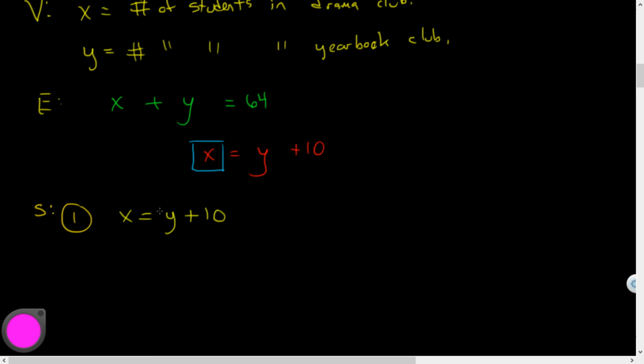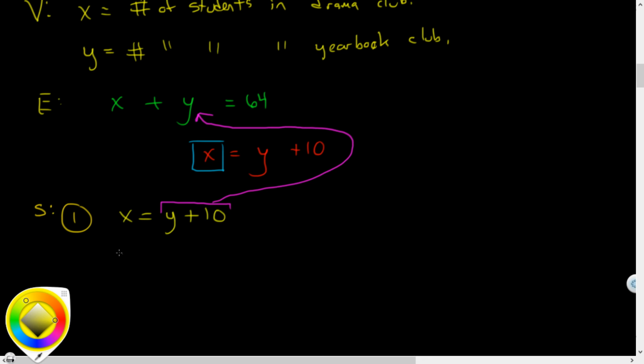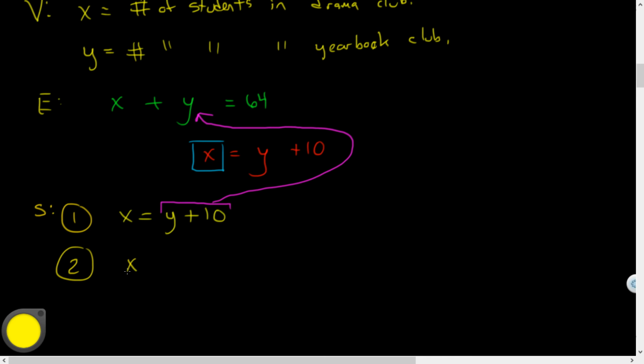So if x equals y plus 10, then I could substitute this in for x in the other equation and not break any laws, right? I can just swap those two things. They're equal, indistinguishable from one another almost. So x plus, and instead of y, nope.